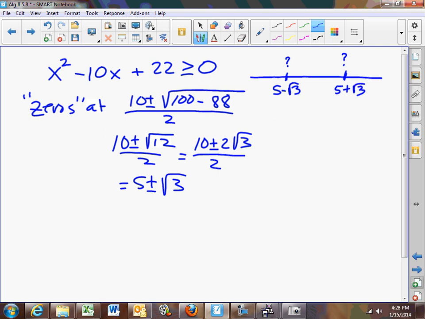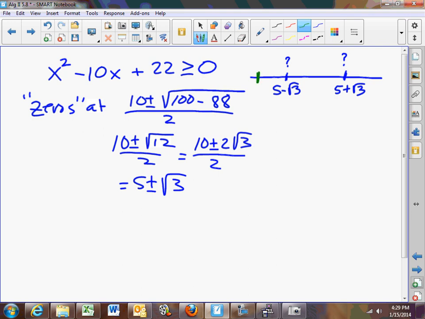Now, we don't really know, so far at least, what these numbers are equal to, but you could put them in the calculator. We may as well just guess here. Now, the square root of 3 is somewhere between 1 and 2, because the square root of 1 is 1, square root of 4 is 2. So this number, 5 minus square root of 3, is actually going to be greater than 5 minus 2 or 3.